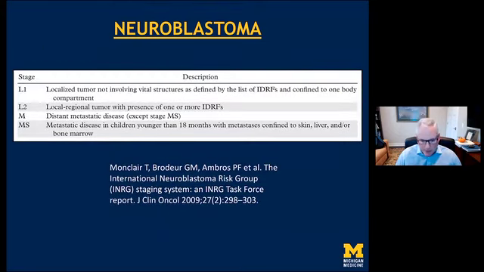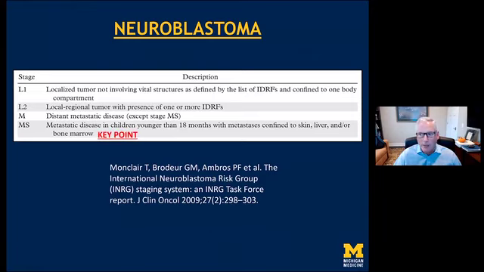Now, I've referenced a great INRG task force report from 2009, and this discusses the new staging system. And as you can see, it's localized disease, or L, M for metastatic disease, and the 4S in the old system is now MS, under 18 months of age. And again, you can have skin lesions, liver lesions, or bone marrow metastases, and we'll talk about that.